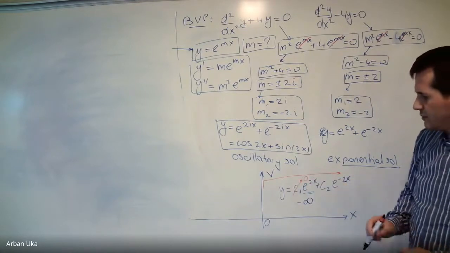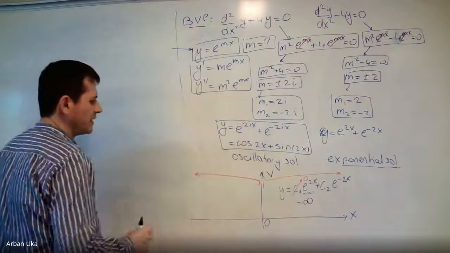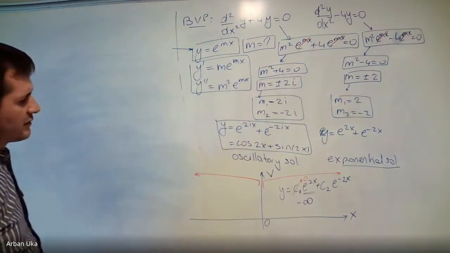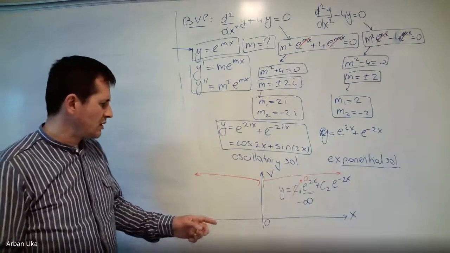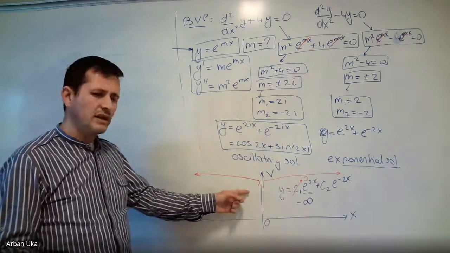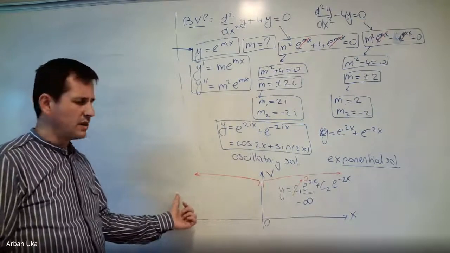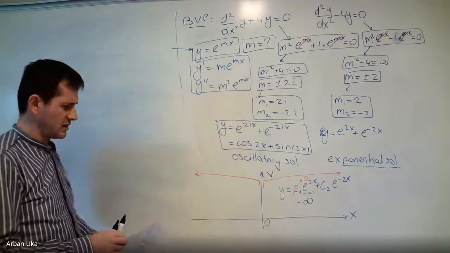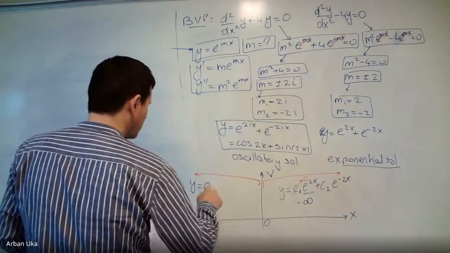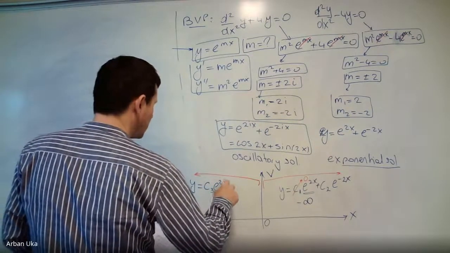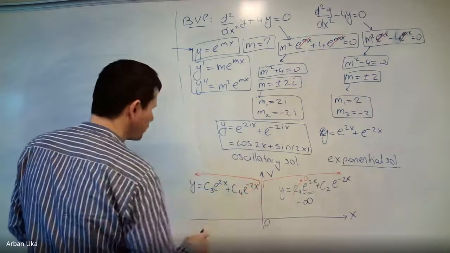But similarly, if the problem we're working on is defined only for negative values of x, which in this case would possibly correspond to an electromagnetic wave traveling along the minus x direction, then y would be equal to c3 e to the power 2x plus c4 e to the power minus 2x.